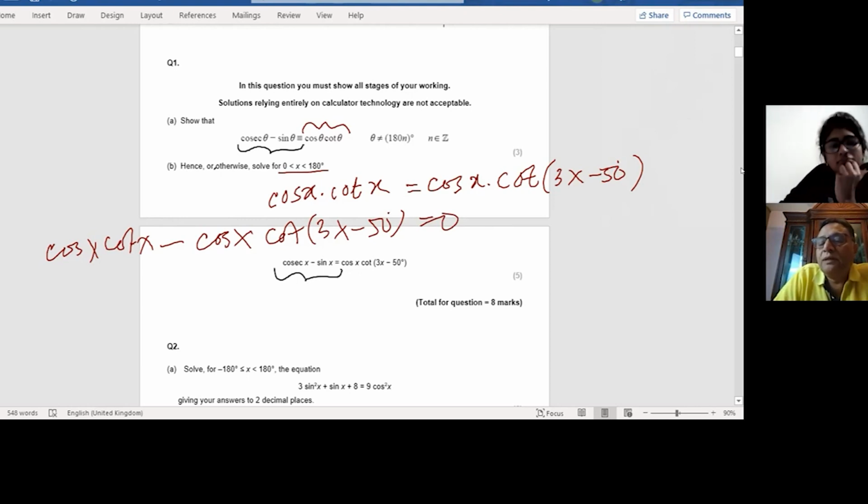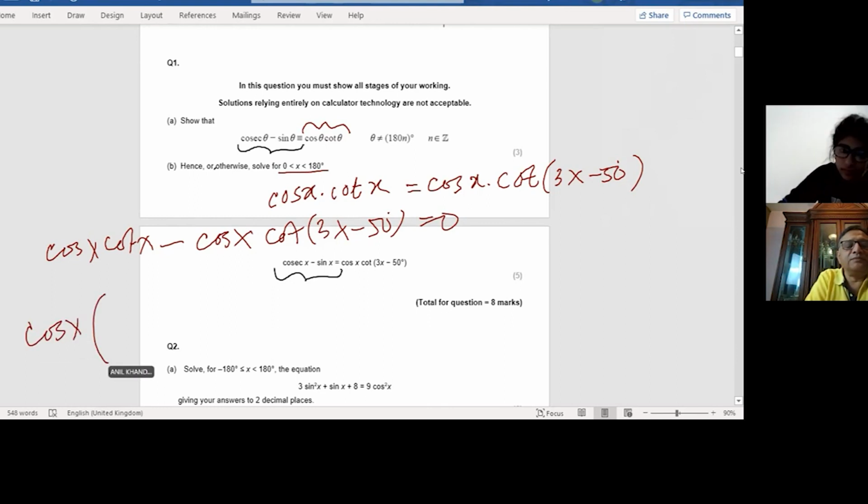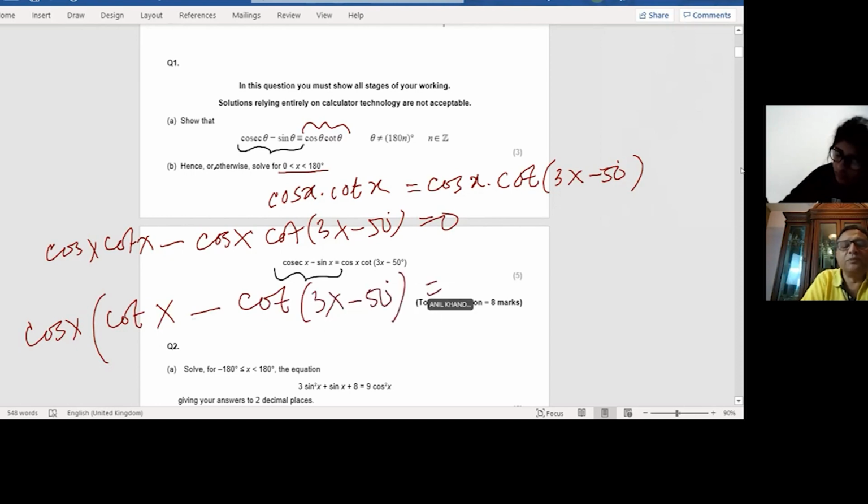But in that case, you lose one of the solutions. In this particular case, you're not really losing the answer because the domain is 0 to 180, but otherwise you would. So let's take cos x common. So you get cot x minus cot of 3x minus 50 degrees equals 0. So that gives us two solutions.